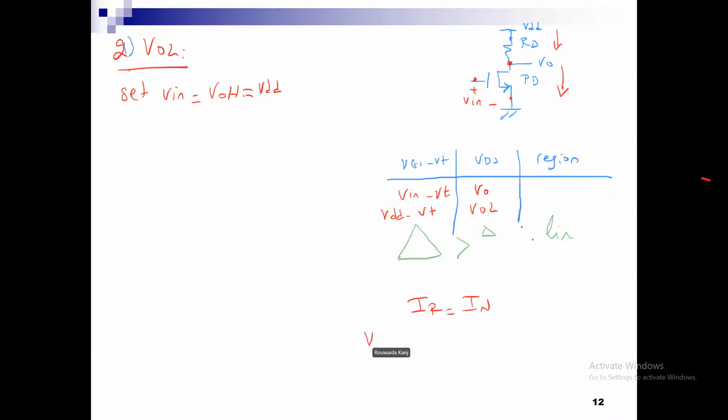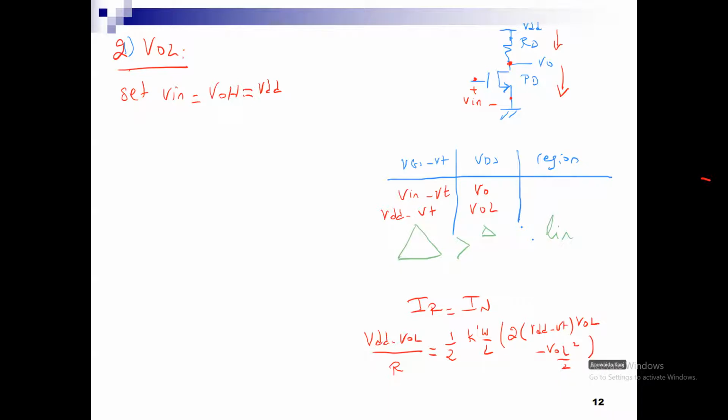So VDD minus VOL over R is equal to the current in the linear region, which equals half K prime W by L times 2 times VGS minus VT, which is VDD minus VT, times VDS, which is VOL, minus VOL squared over 2.